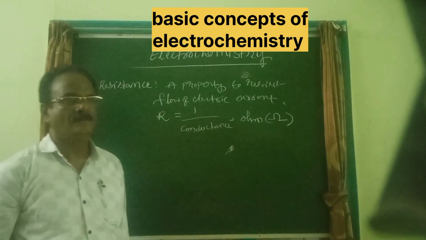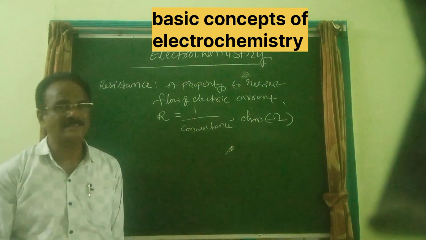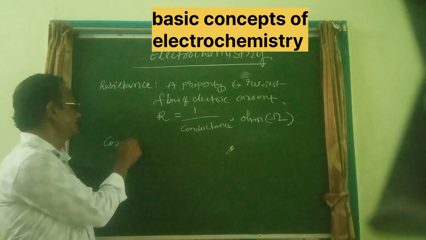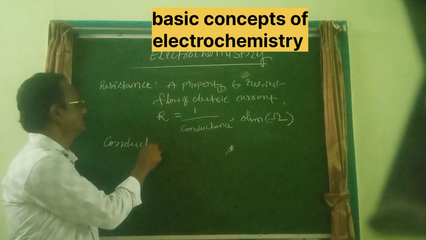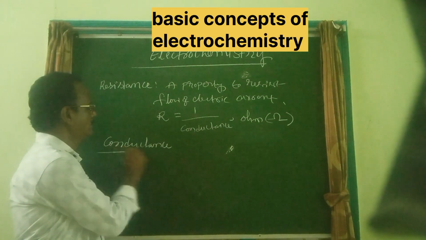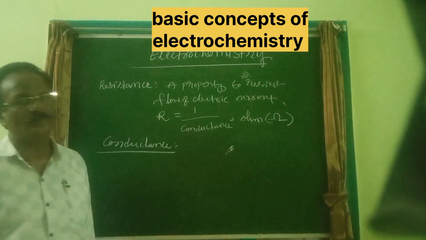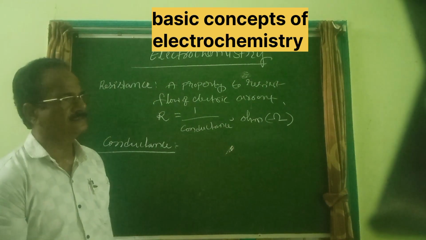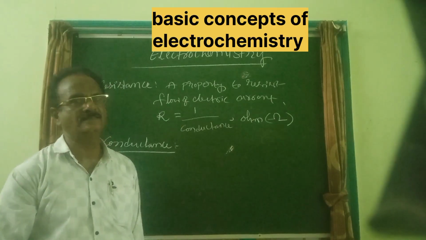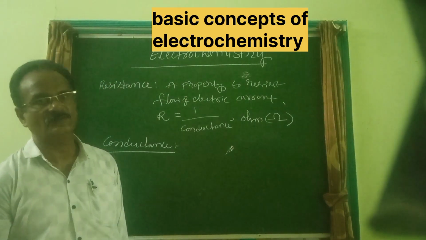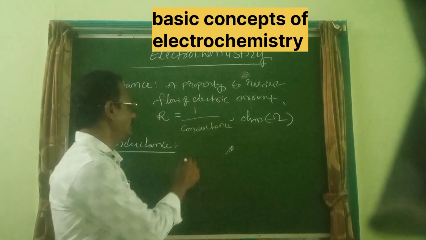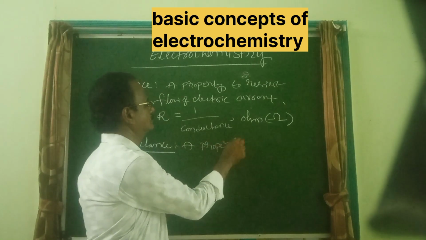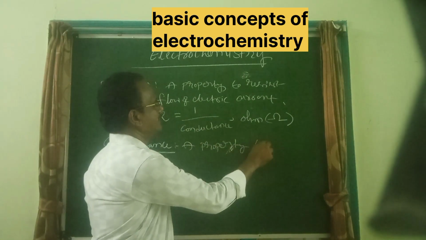Now let us consider what is conductance. Conductance is reverse to resistance. So this can be defined simply as reciprocal of resistance. Let us see the definition. A property to conduct.